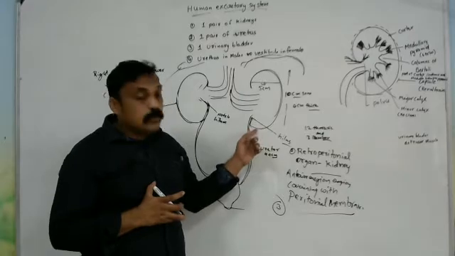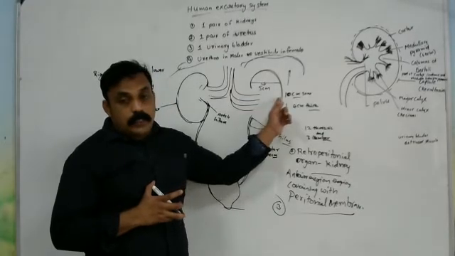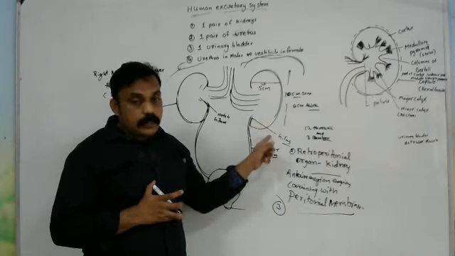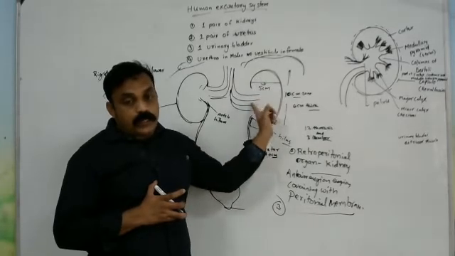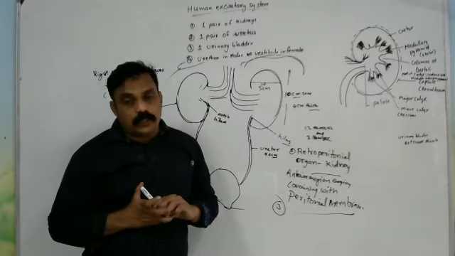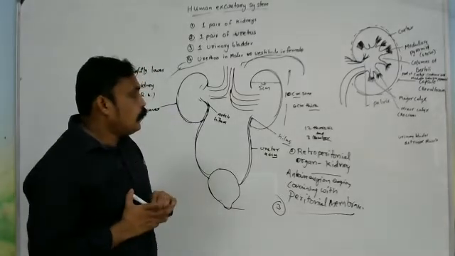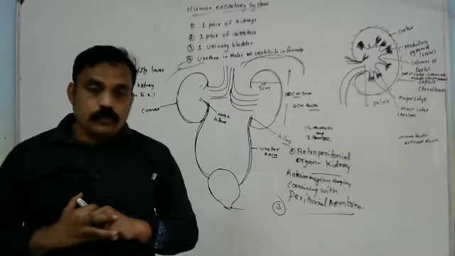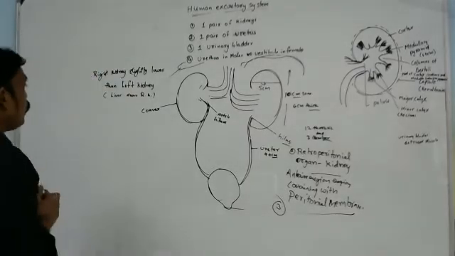It is approximately 10 centimeters long, 5 centimeters wide, and 4 centimeters thick. So this is the external structure of the kidney.